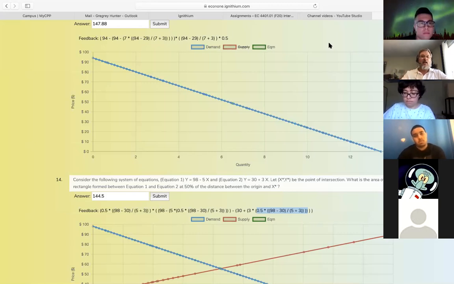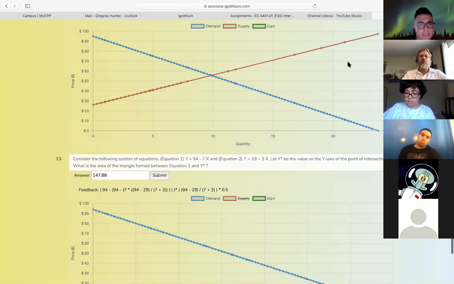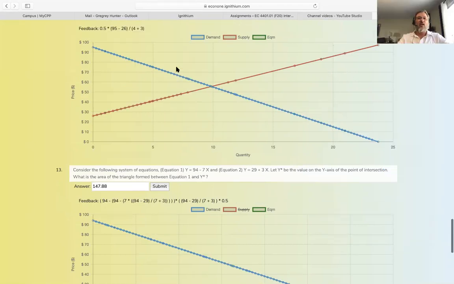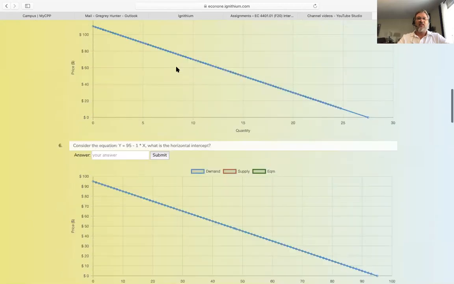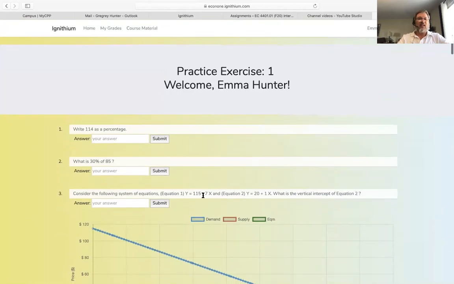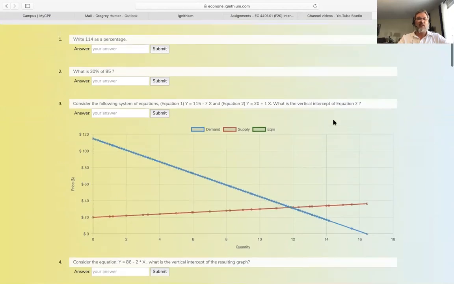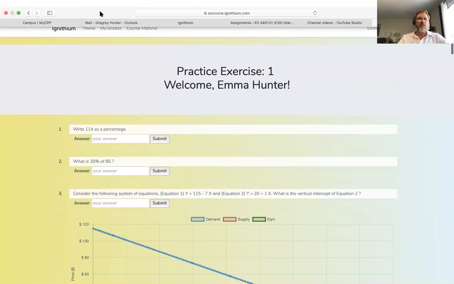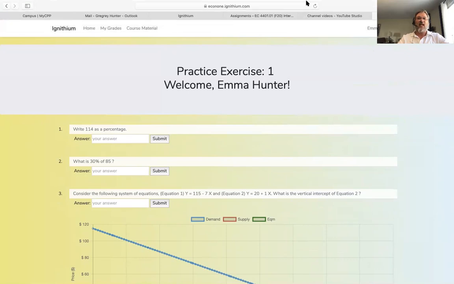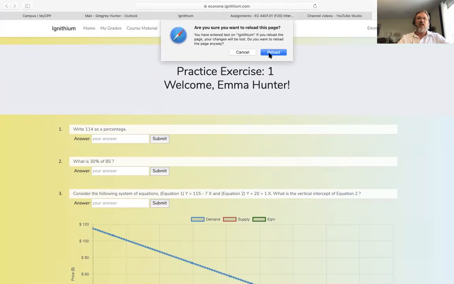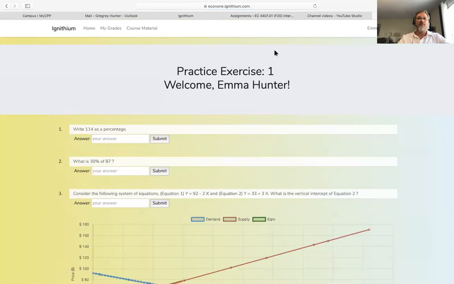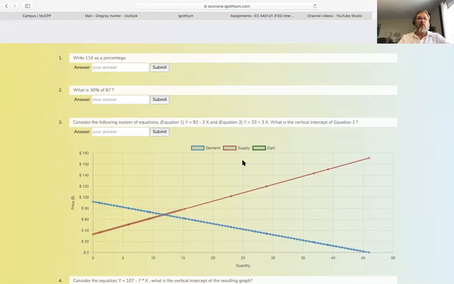But if you get to a question and you don't like it, like it's too hard to see, sometimes the diagrams are yucky. One of the things you can do, and this will become more important a little bit later on in the class, is reload the page and it'll give you a new version of the problem.